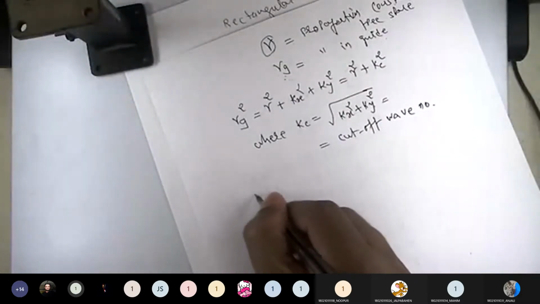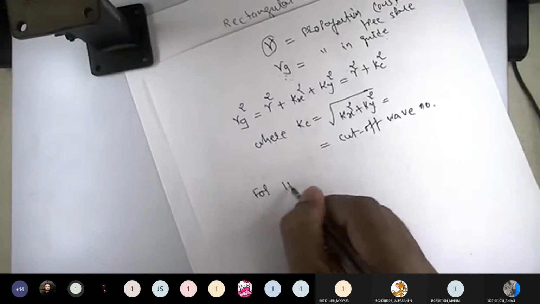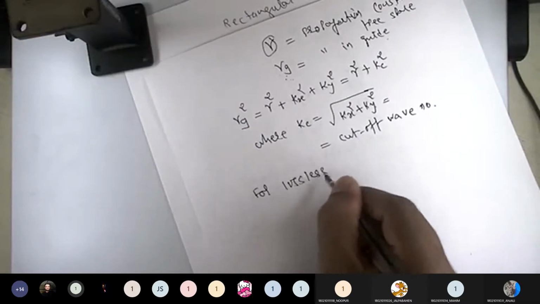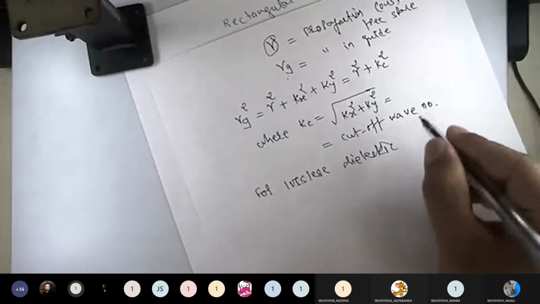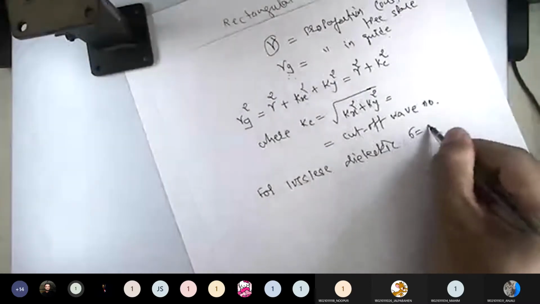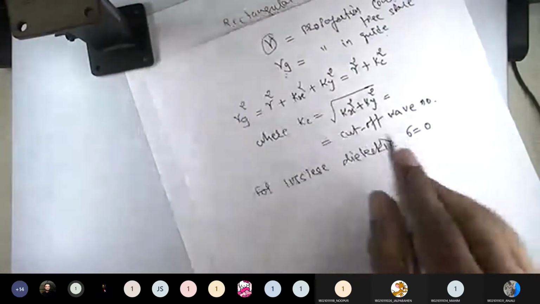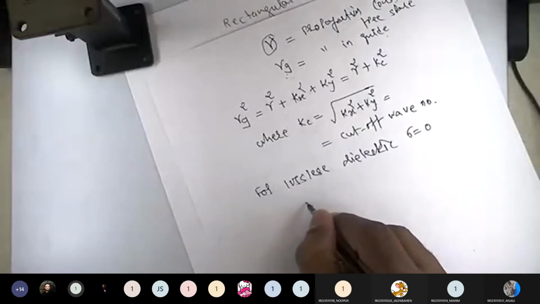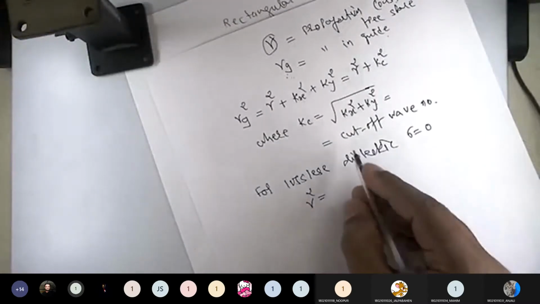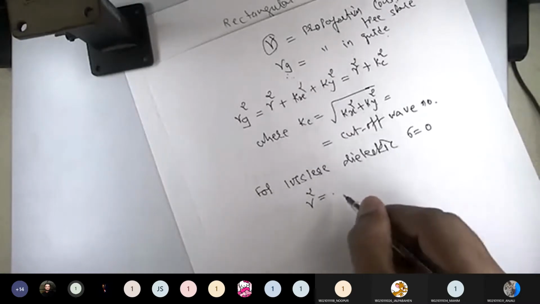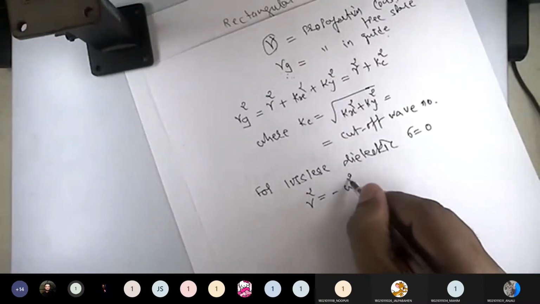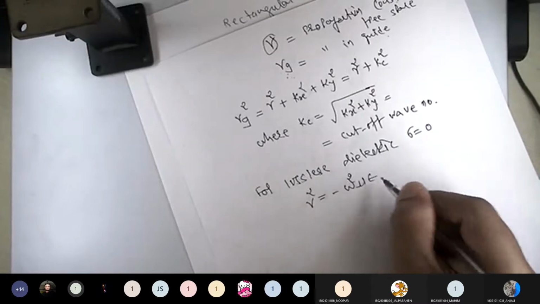So for that case, let us discuss a lossless dielectric medium, where sigma will become 0. So conductivity becomes 0. All of you know that if sigma becomes 0, then gamma square becomes minus omega square mu epsilon.